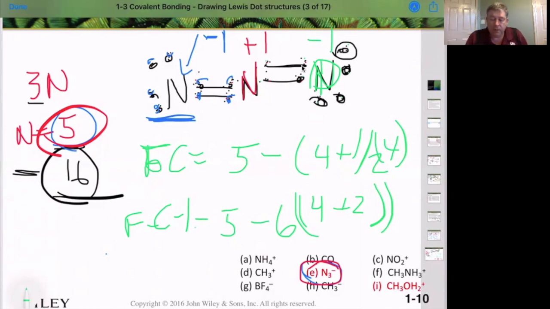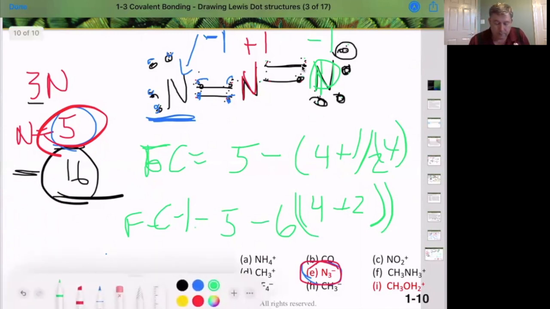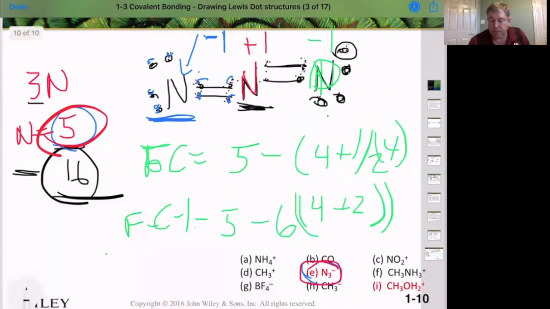Our formal charge of the center nitrogen here is +1. So a +1 and a -1 equals 0, but then we have another -1. So the net charge on the entire molecule is -1. Hey, wait a minute. It is -1. Our net charge is -1. So the molecule as a whole has a charge of -1.